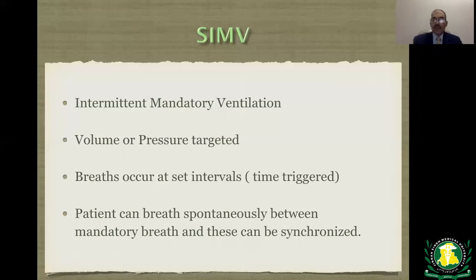The tidal volume of those 5 extra breaths will be determined by the patient's effort. And if the patient tries to breathe just before the next scheduled breath, then the ventilator may synchronize that breath with the patient effort. And that's why it's called synchronized mode.